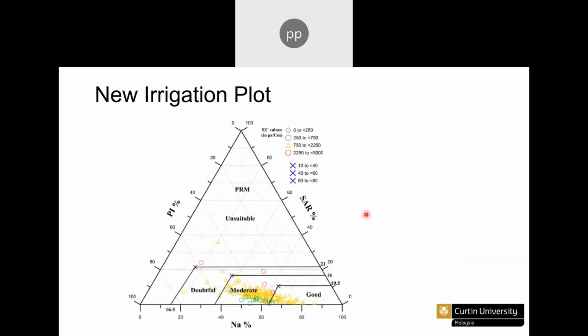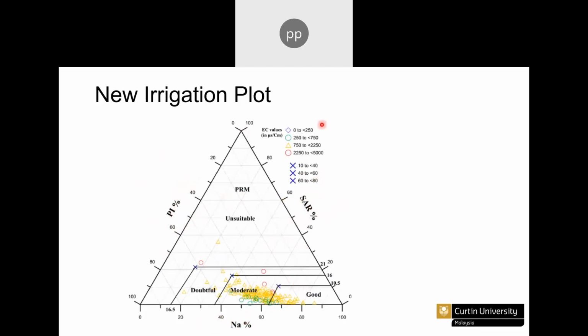What they did was pick the three main indices: SAR, sodium percentage, and permeability index. Out of all the indices, these three are more important and the prime controls for irrigation water quality, right? Because SAR and sodium percentage are mostly about salinity, and PI is the permeability index, so this directly impacts the soil quality. That's why they picked these three.